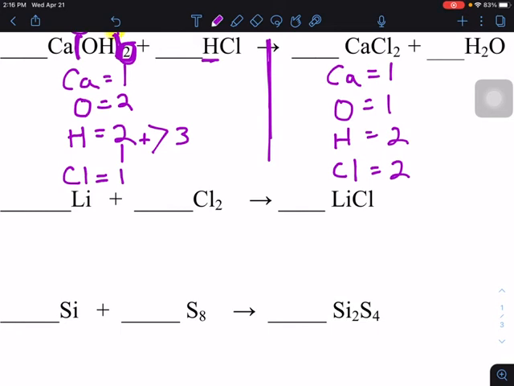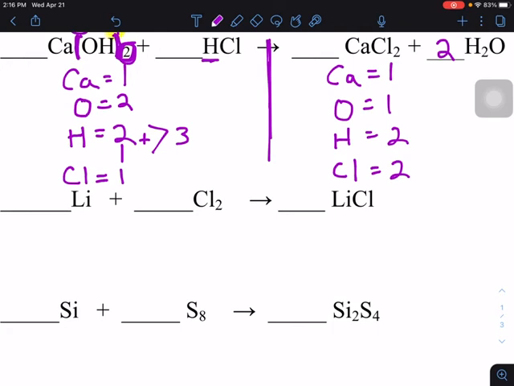So, are we balanced? We've got 1 calcium on each side, oxygen. We have 2 on the left and 1 on the right. So we can try to balance oxygen to start off with by putting a 2 coefficient in front of the H2O.